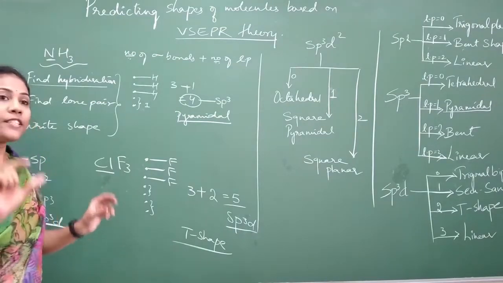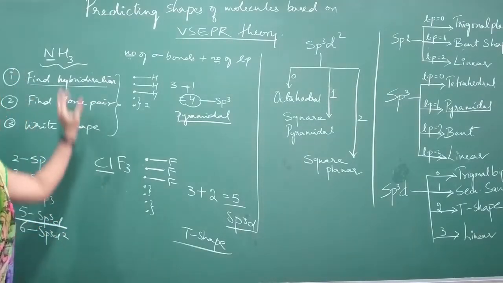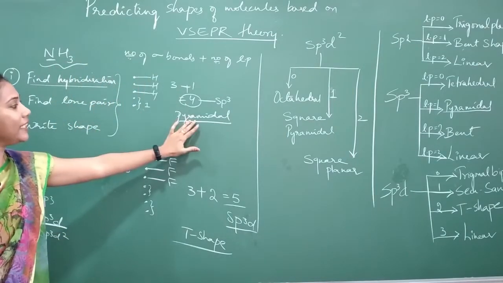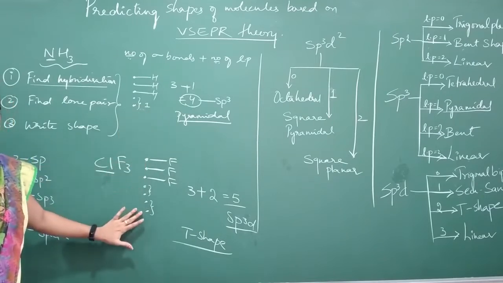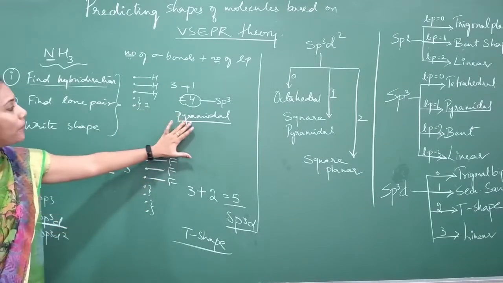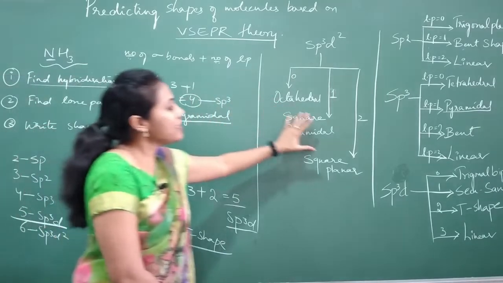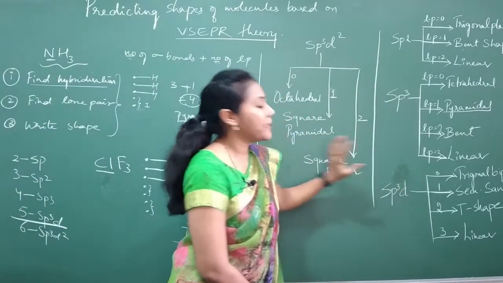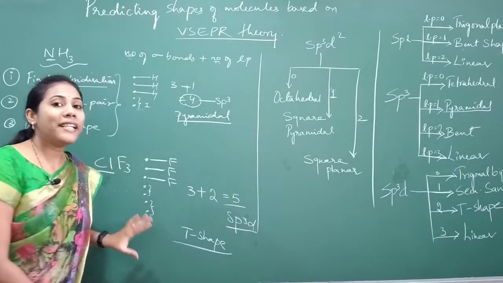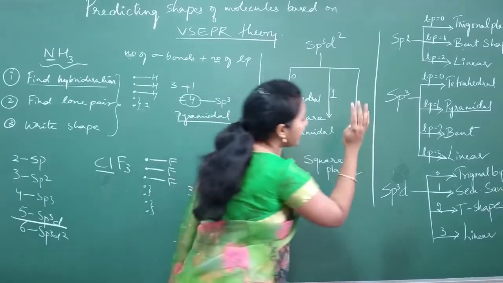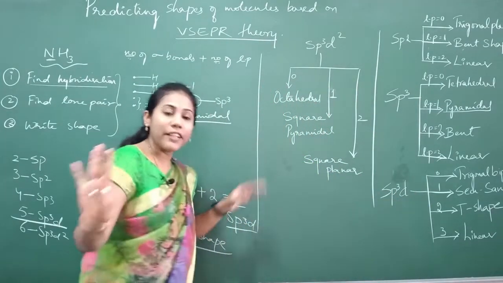One thing is you should definitely know the trick to find hybridization. In the course of finding hybridization, you will know how many lone pairs are there. So with the help of hybridization as well as the number of lone pairs present, just remember this concept and you can easily predict the shape of a molecule. This is very essential information that you have to remember.